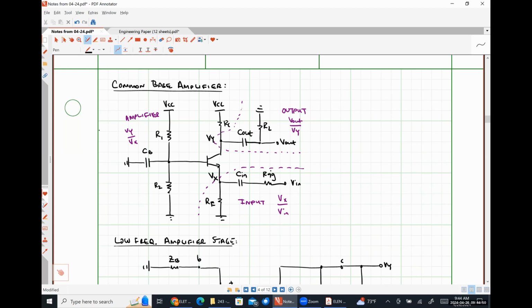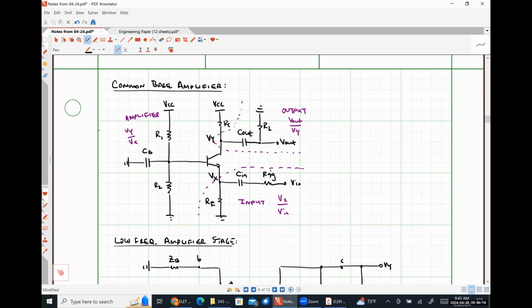When my Vin is grounded, looking to the right of that input capacitance, I'm going to see some resistance R sig. Then on the left-hand side, looking down towards ground, I see RE, and looking up from the left-hand side of Cin, I'm looking into the source of my transistor.